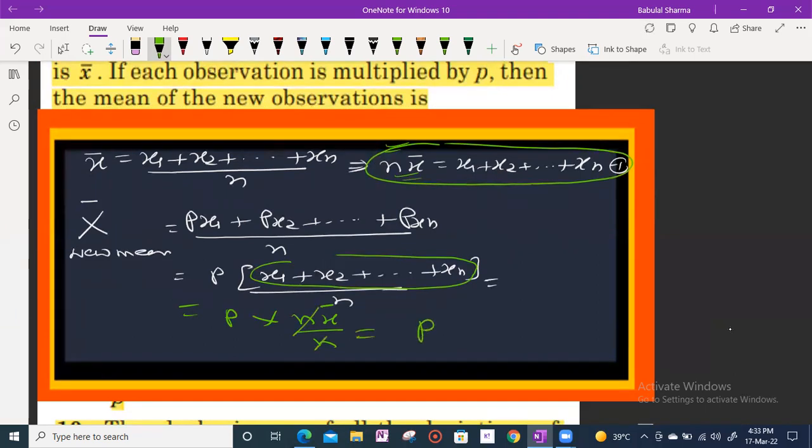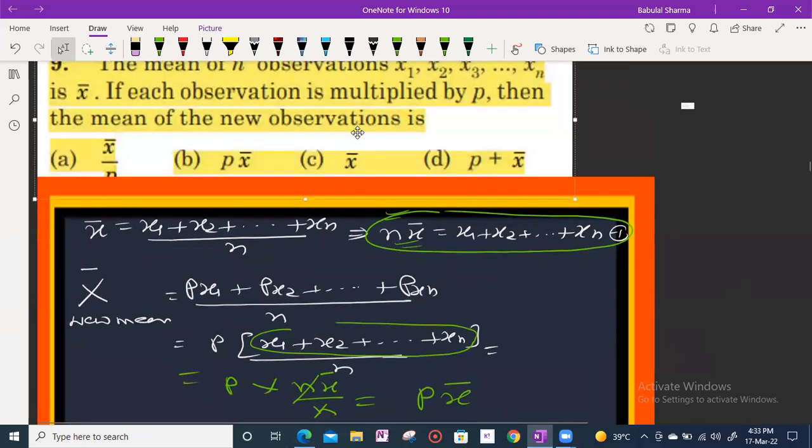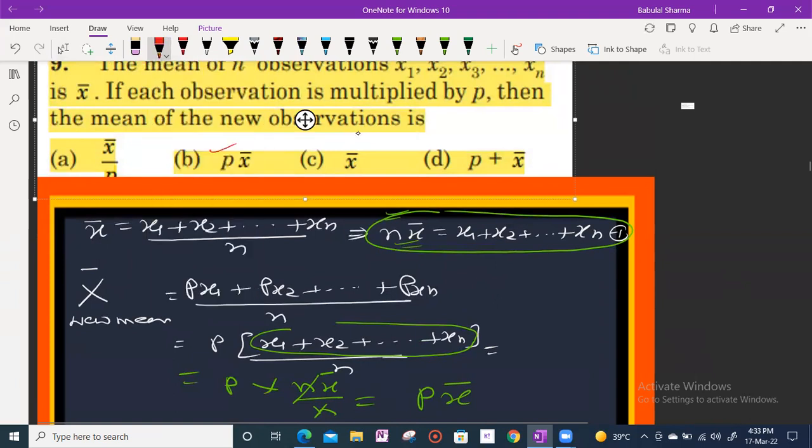So this can be given by p x bar. So we can say that if each observation is multiplied by p, then the new mean will be p times the old mean. So the new mean will be p x bar. And now can we check the answer here? So the answer B is correct here.